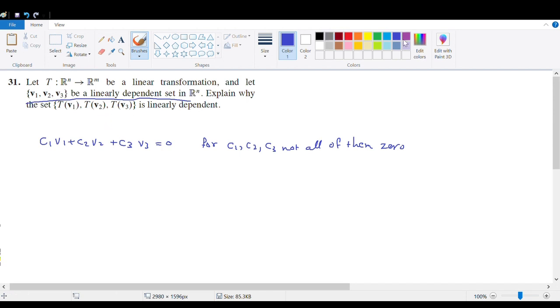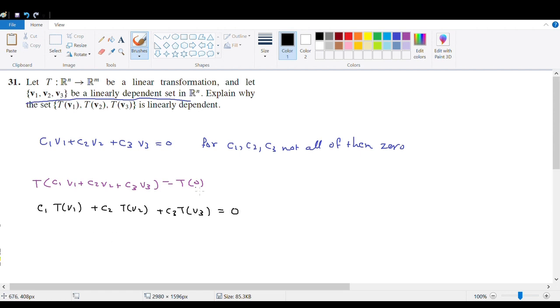So we'll apply the linear transformation to this. We'll take T of C1 V1 plus C2 V2 plus C3 V3, which is equal to T0. We want to show that this set is also linearly dependent. We can use the properties, so this is C1 TV1 plus C2 TV2 plus C3 TV3, which is equal to T0, which is equal to 0, since the transformation is linear.